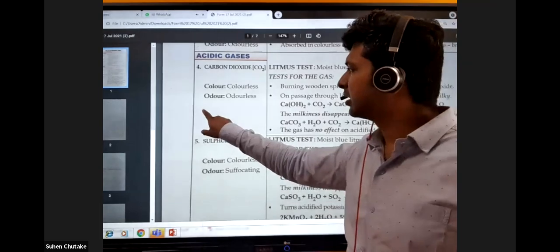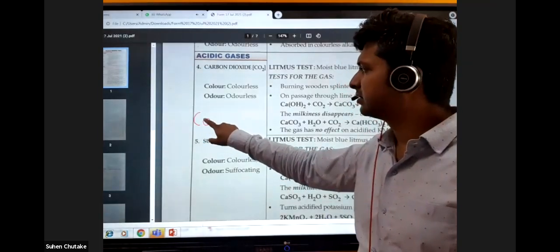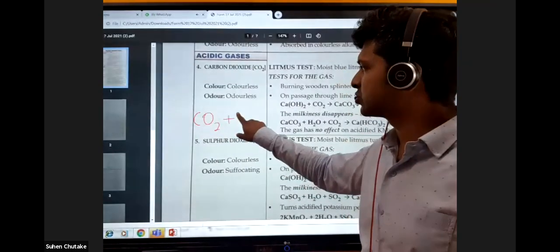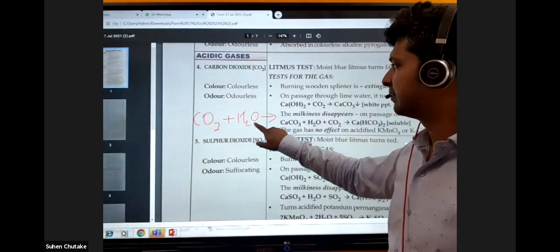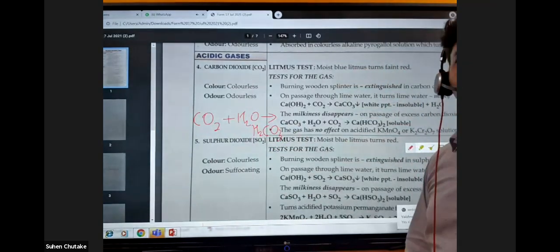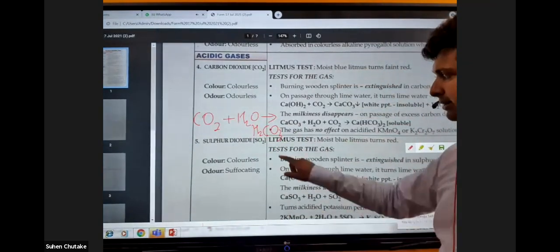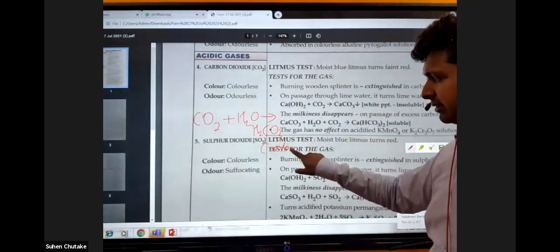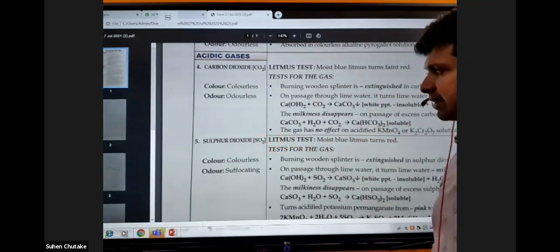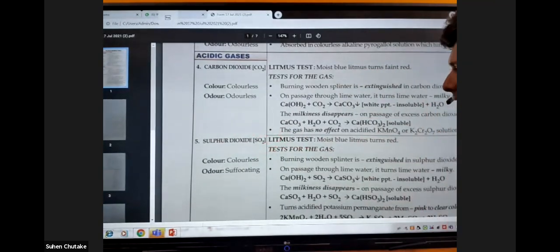So CO2 plus H2O gives H2CO3, carbonic acid, so this is acidic. That's why carbon dioxide is an acidic gas.